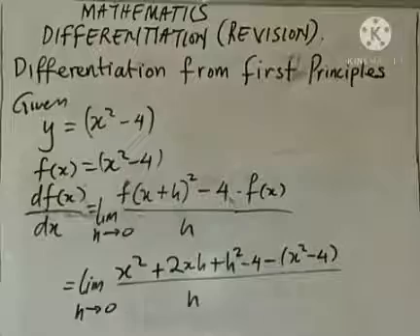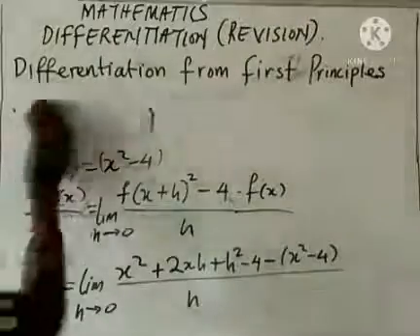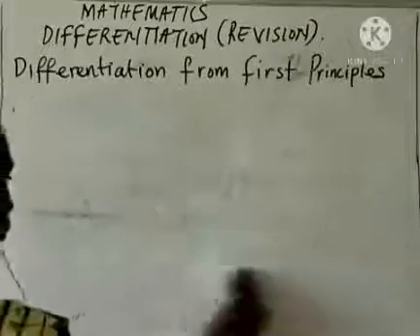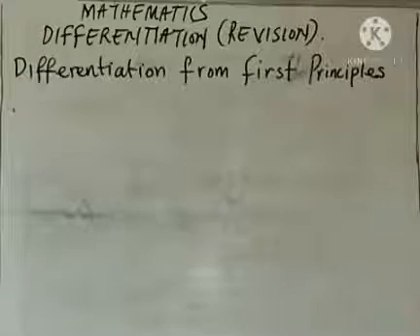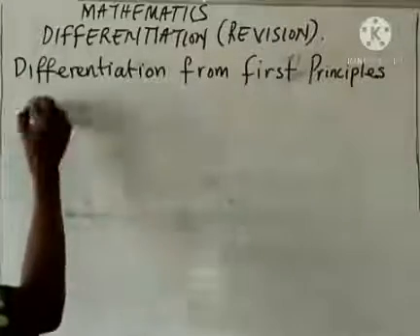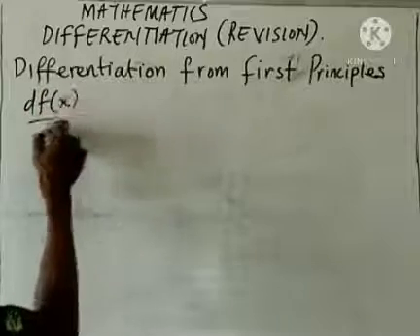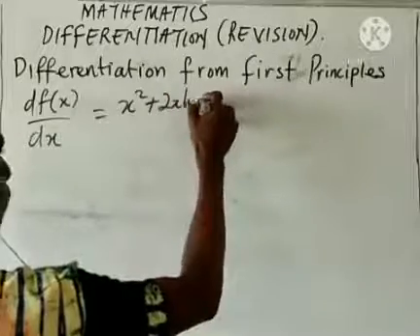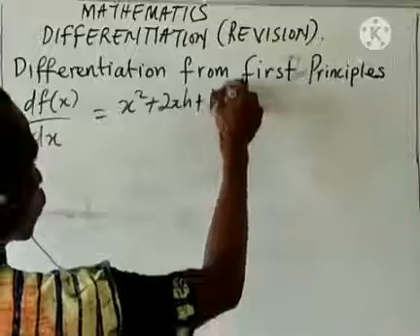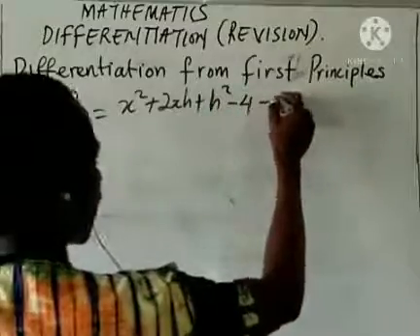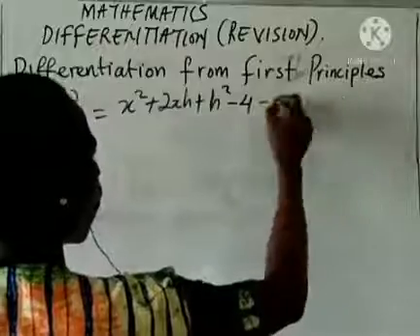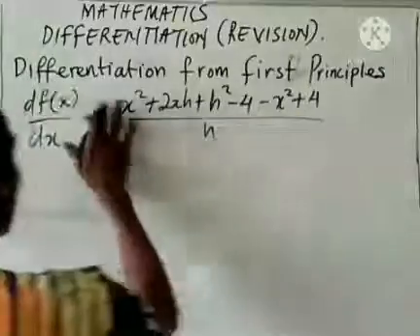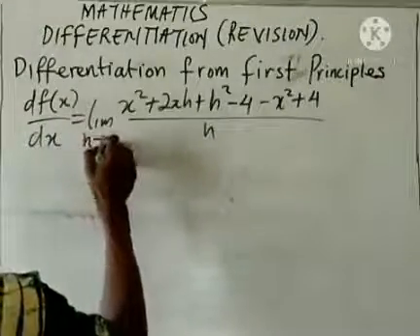Now, to continue, I'm going to rub off this. From there, we'll be collecting the like terms, or first of all, we open the bracket. So where we have x squared plus 2xh plus h squared minus 4, that minus x squared minus 4 will now become minus x squared plus 4, all over h, where we limit our h to 0.